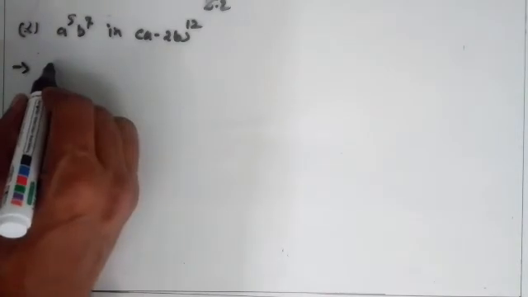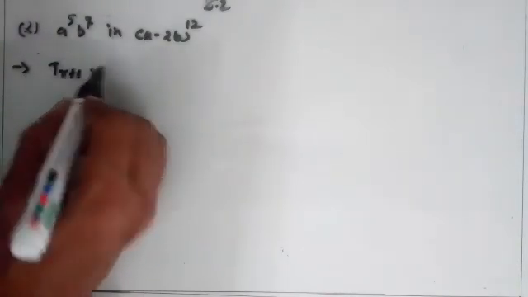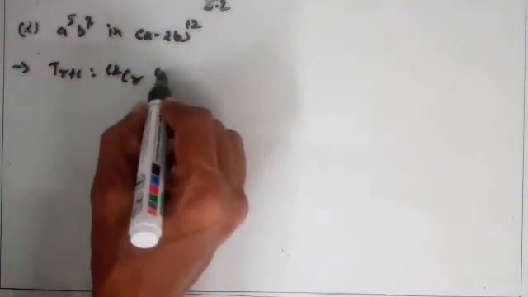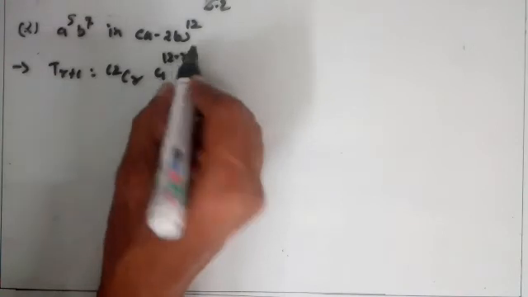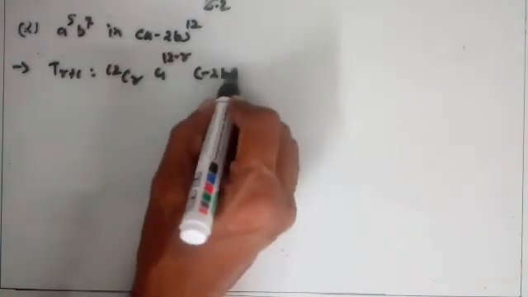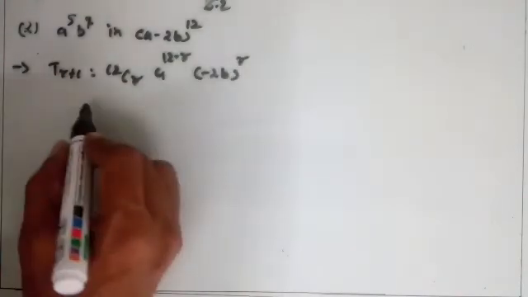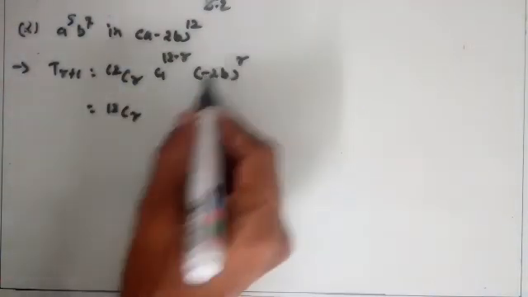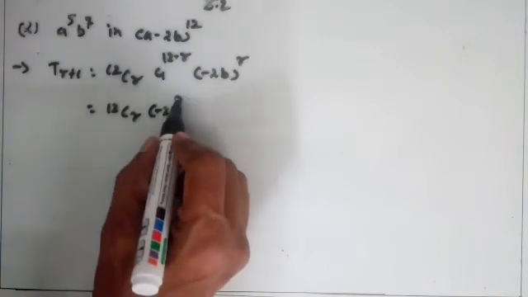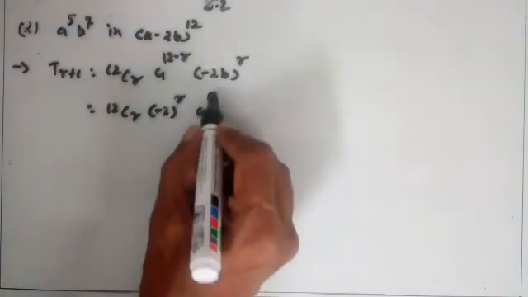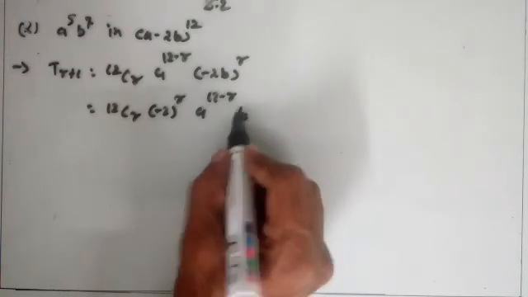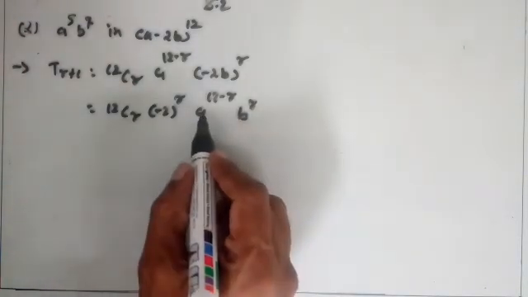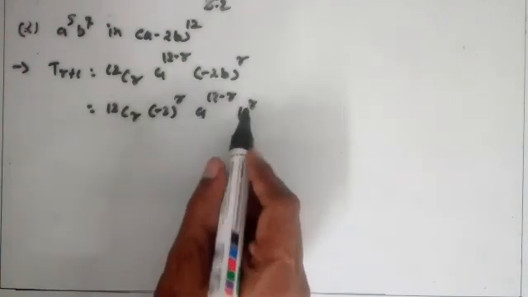Find the r plus 1 term, which is equal to 12Cr, a raised to 12 minus r, minus 2b raised to r. So it is 12Cr, minus 2 raised to r, a raised to 12 minus r and b raised to r. So here the coefficient of a raised to 12 minus r, b raised to r becomes this.